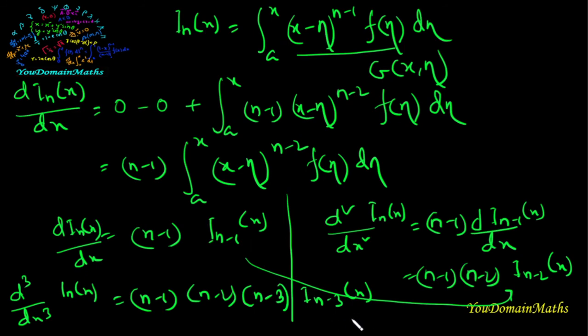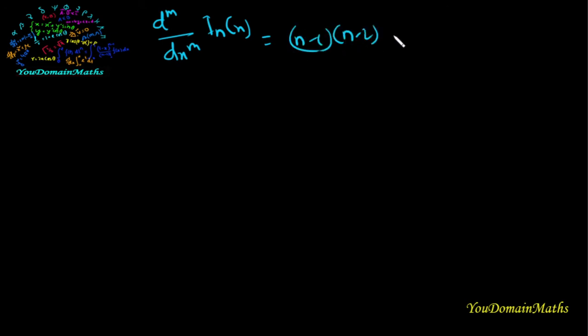Continuing this, we get an interesting result if we differentiate m times. Differentiating m times, d^m I_n(x)/dx^m equals (n minus 1)(n minus 2)(n minus 3) up to the last term (n minus m) times I_{n-m}(x), where n is greater than m.